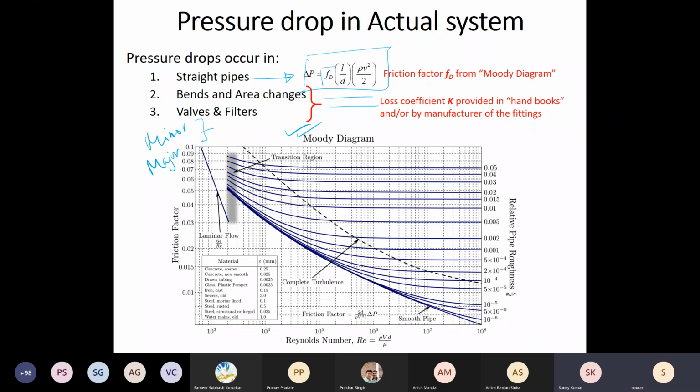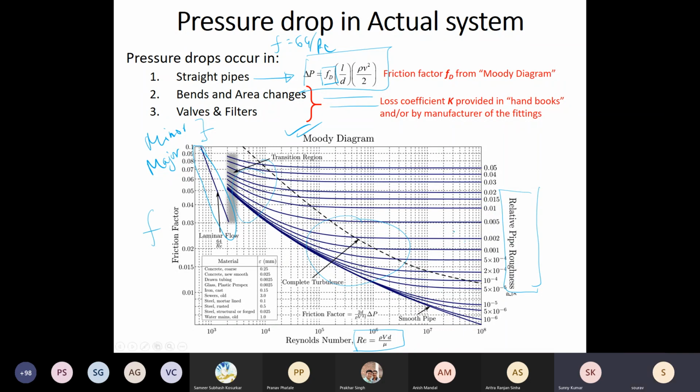The viscosity information is provided in this friction factor. The friction factor for laminar flow is 64 by Re, which is shown over here in this chart. And then in the transition regime and the turbulent regime, we have these separate lines. The pipe roughness plays a role. Reynolds number is an important factor, and friction factor is what this chart gives.